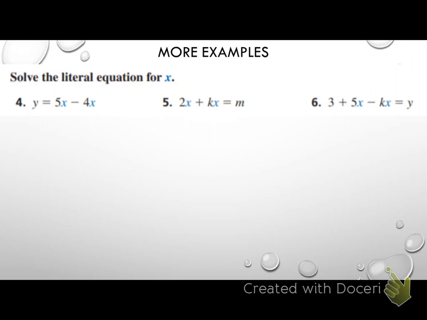My two terms, 5x and negative 4x, have the same variable with the same exponents, correct? So I am able to combine here on 4. What's 5x minus 4x? X. Which variable am I solving for? X. Is x by itself? Yes. There's your answer. We okay with that?